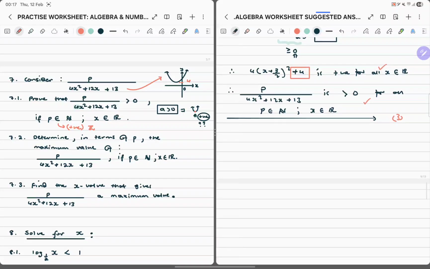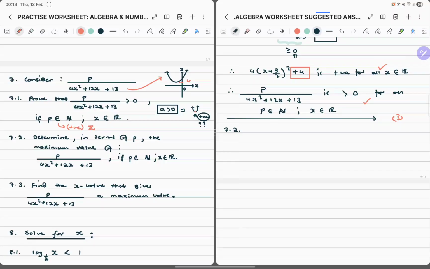Okay guys, hope you're good. Next one says, determine in terms of p the maximum value. This one is easy, so we can squeeze it here. 7.2. Determine in terms of p the maximum value of this guy. So what did we say? Maximum means the denominator must be the smallest thing. P is a constant, so to speak. In this case, we don't consider it a variable.